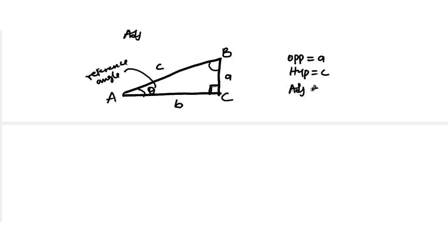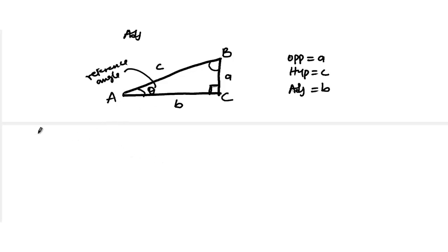So the adjacent here is b, based on the fact that this is our reference angle. However, if our reference angle is here, definitely b will be the opposite. Then the hypotenuse will still be constant because that's the only side facing the right angle, and the adjacent will be a. But we are using theta as our reference angle.